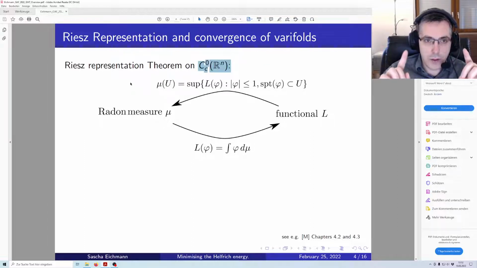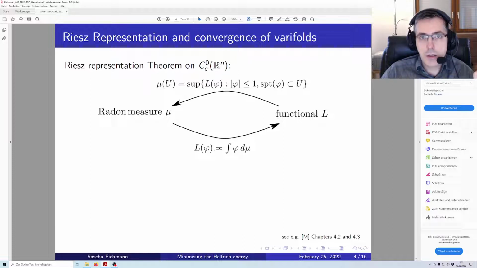This one-to-one connection works essentially like this. If you're given a Radon measure mu, you define a linear functional just by integrating a given function coming from this set over here. This defines a linear continuous functional.